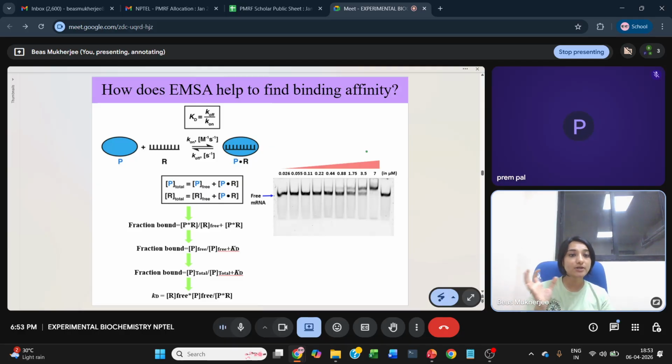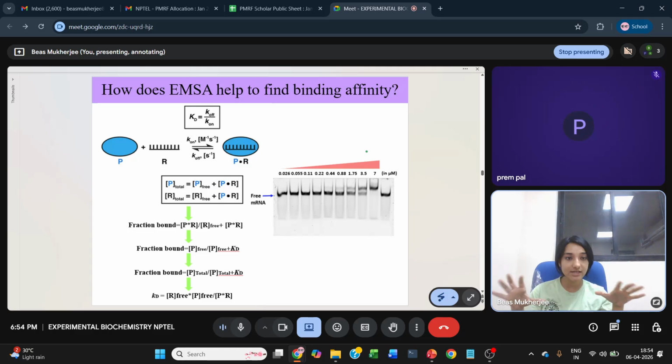Now, fraction bound: the amount of the total protein is in the denominator, and the amount that is bound is in the numerator. So we don't know fraction bound either. From there we derive that Kd is equal to R free times protein free divided by the protein-RNA complex.